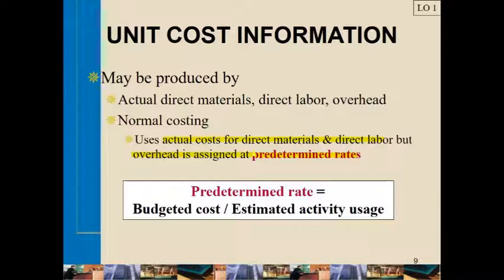For example, they are on minimum wage. So for example, you have only 10 workers working on your manufacturing. So you know every month exactly how much actual direct materials or direct labor you will incur.